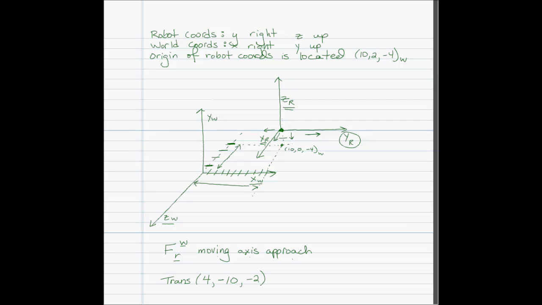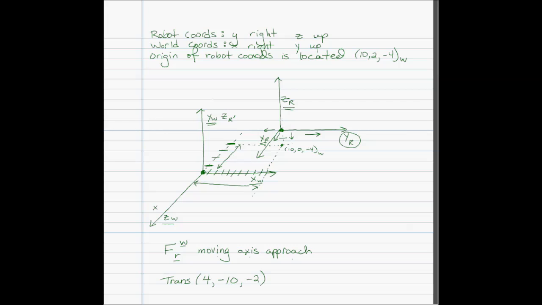Having done that translation step, we have to believe now that the origin of the new coordinate frame, the translated robot coordinate frame, is laid right on top of this world coordinate frame. And while y world points here, we'll call it z sub robot prime points in that direction, right?